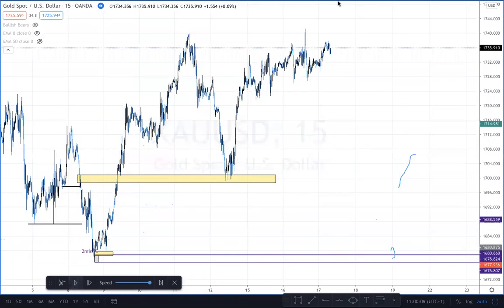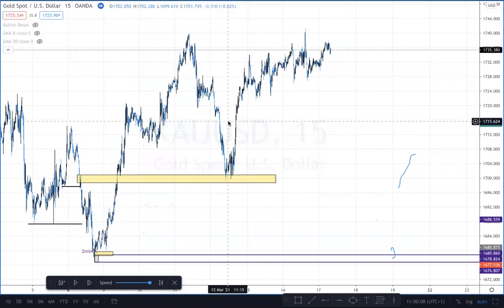Let me pause this right here. Is there anybody on this call that trades price trap?